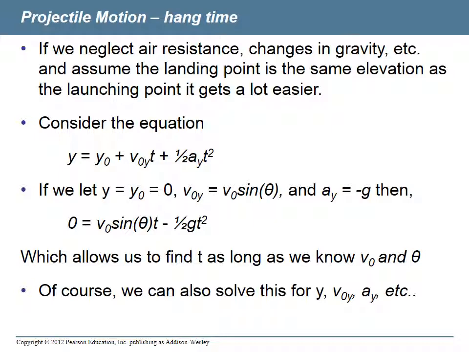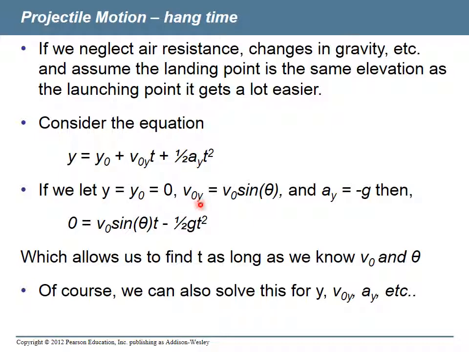So we consider the equation we saw in chapter 2, just now applied to the y direction: y equals y naught plus v naught y t plus 1/2 a y t squared. And we let y equal y naught, which is equal to 0. So this is just the starting point is equal to the landing point, which we'll call them both 0. We'll just set our coordinate system so that these are both 0.